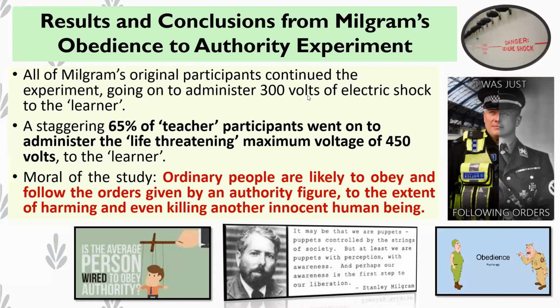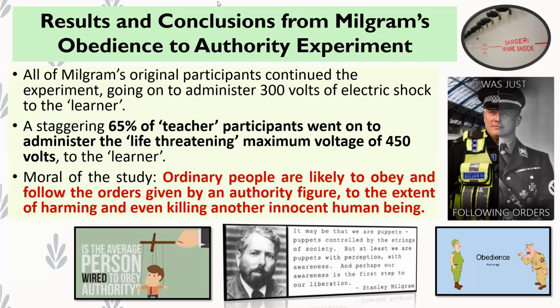Okay, so basically what we're looking at now is the results and conclusions that we can draw from Milgram's obedience to authority experiment. So basically all of Milgram's participants continued the experiment. 65% of them continued to administer the maximum shock. You might think, oh, it's only 65%.